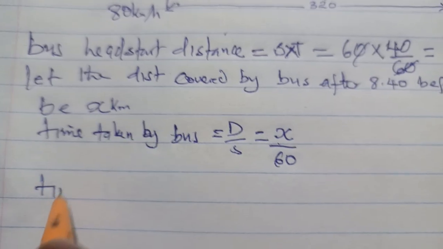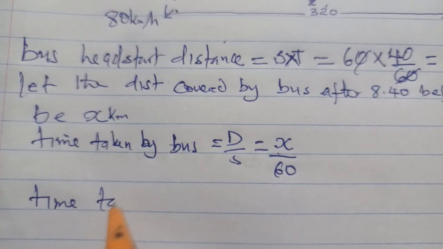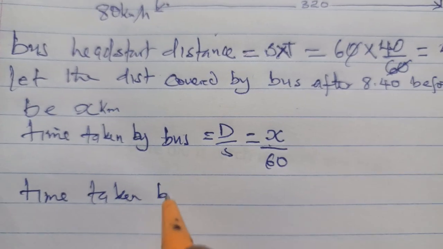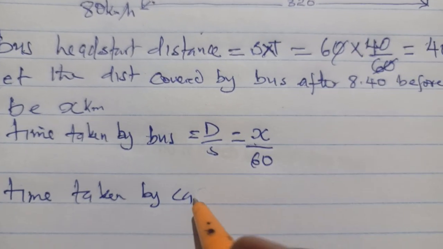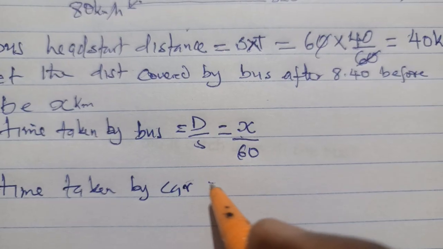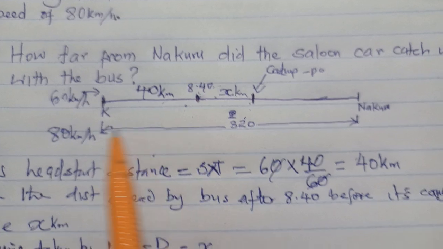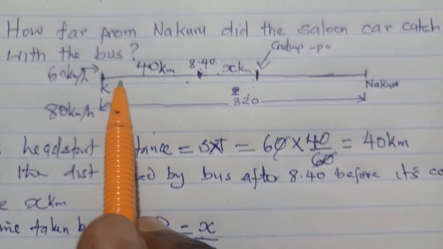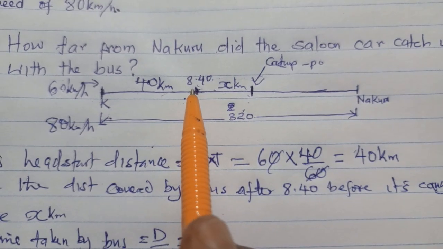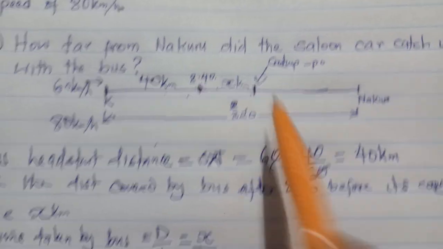Now, the time taken by the car to catch up with the bus will be the distance. The distance that the car needs to cover is the 40 that had been covered, plus x.